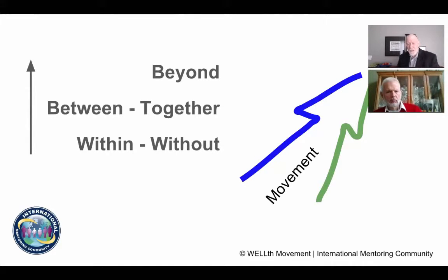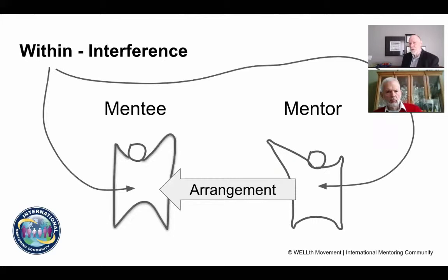And it's these words here that I want to unpack a little bit more for you as a mentor. So I'm going to start with within, and I'm going to come from the mentor's perspective. From the mentor's perspective, you have things going on in your own life, just as the mentee does. And understanding what's happening when you enter into the conversation with the mentee is important.